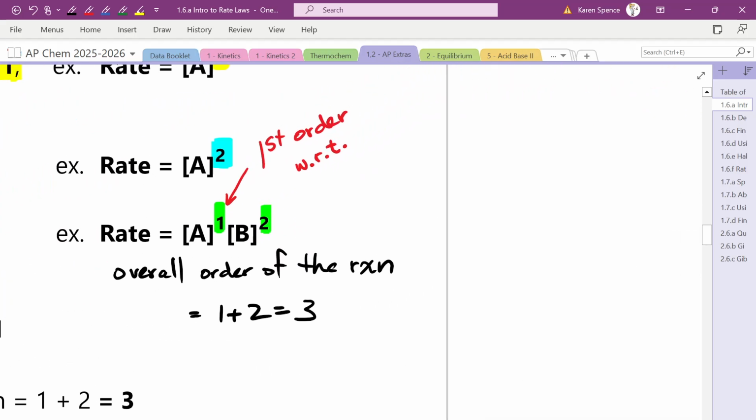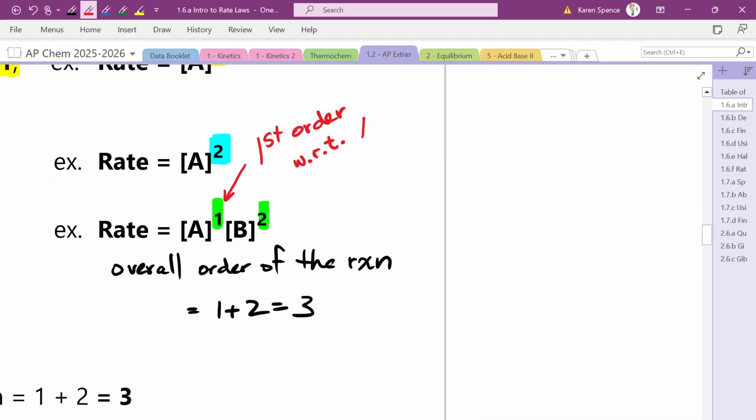So we are first order with respect to A. What order are we with respect to B? Second order.